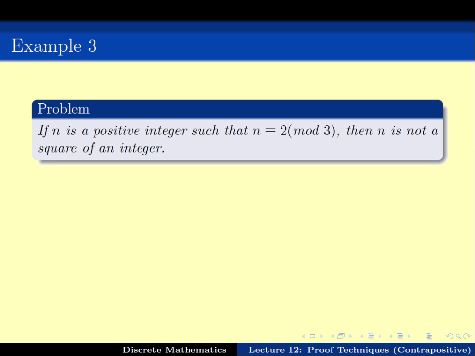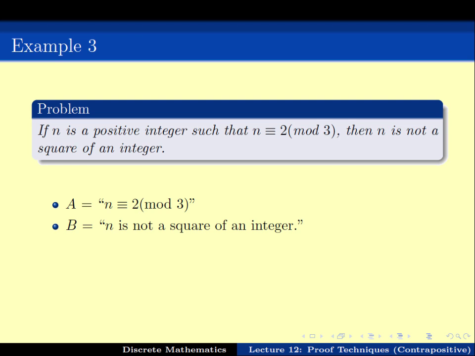Now here, let's see what is A. A of course is saying that n is congruent to 2 mod 3. What is B? B says that n is not a square of an integer. Now in this particular problem, you can clearly see that there is no canonical way of splitting this B into C or D. So we have to work right away with that.